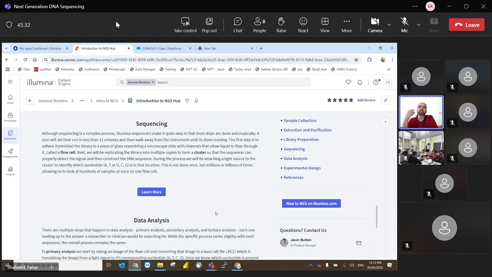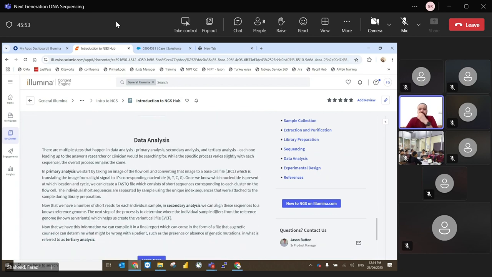So now the fluorescent signals will be 1000 times amplified, and you can use a much lower quality or cost-effective camera that can give you accurate results. So this reduces the cost of the instruments. These are the different aspects of next generation sequencing.